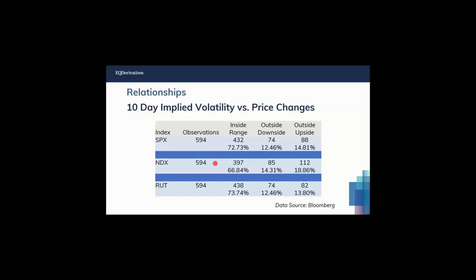If you're thinking about getting long volatility, NASDAQ options might be the way to go. You've got a higher likelihood of a move that is bigger than what's being priced in. And if you're thinking about a move to the upside, option strategies might make more sense than a move to the downside. And I really do think that is counterintuitive to what a lot of people would think.